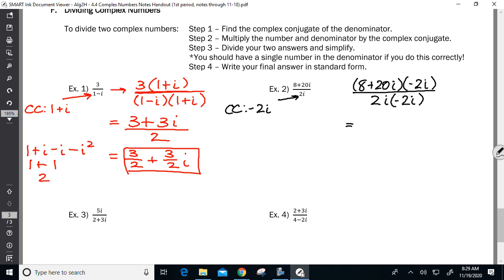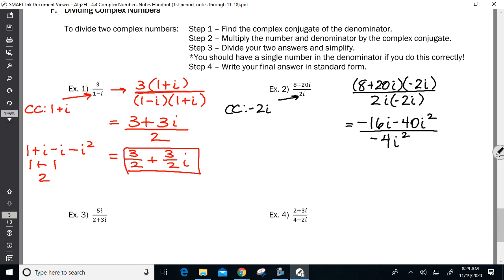So if that happens, you get negative 16i minus 40i squared over negative 4i squared. So we got a lot of i squareds going on in this problem. That's okay, we've got a way to take care of it.